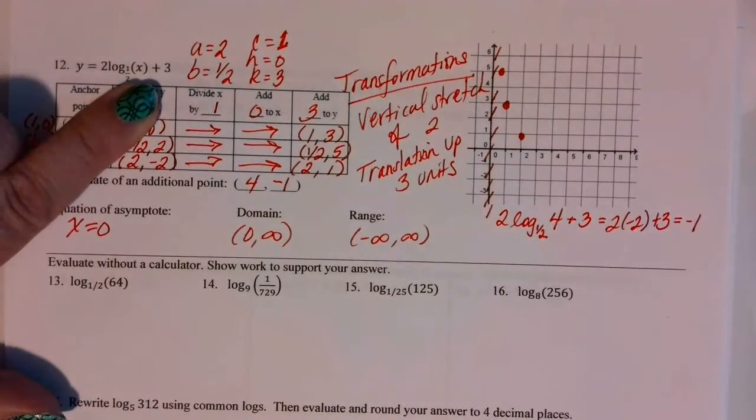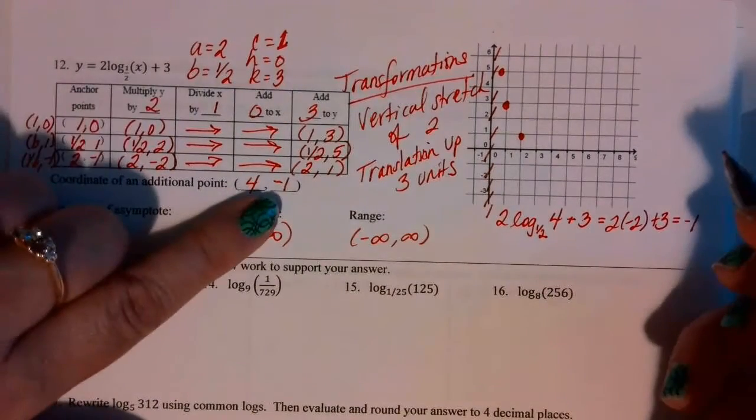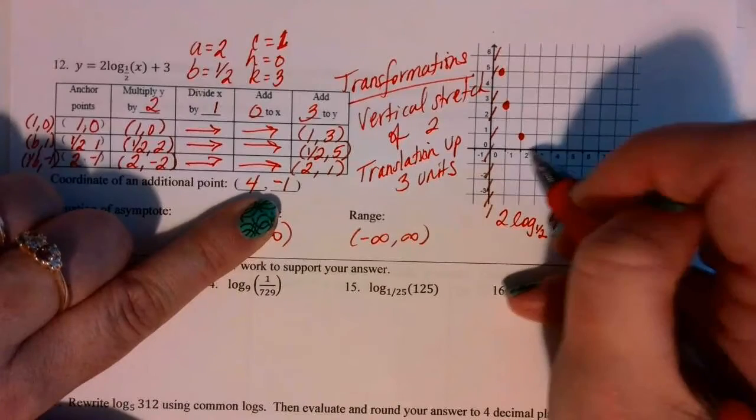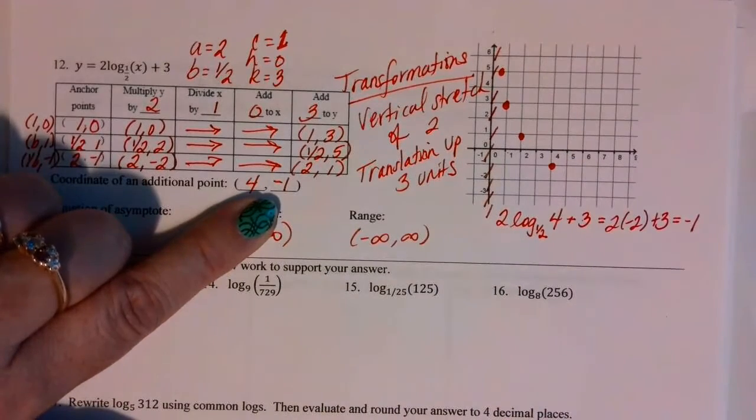So the point 4, negative 1 is on the graph. 1, 2, 3, 4, negative 1.